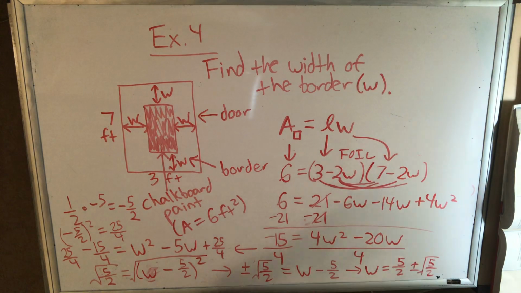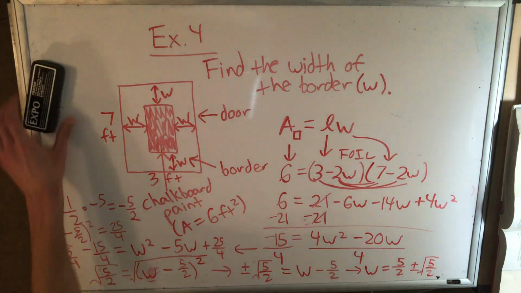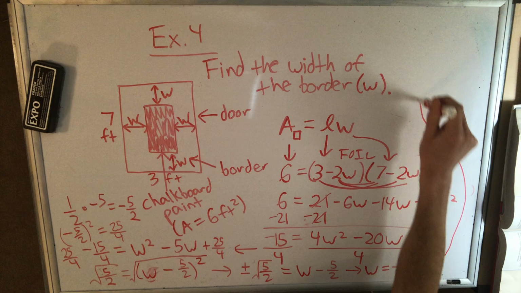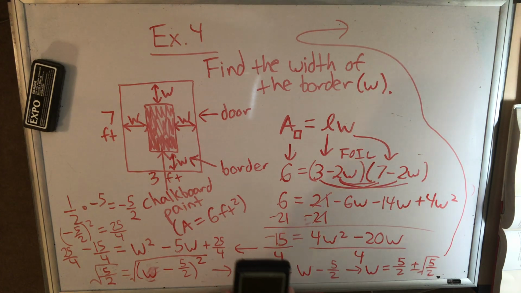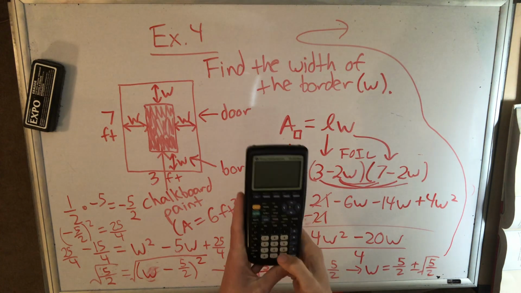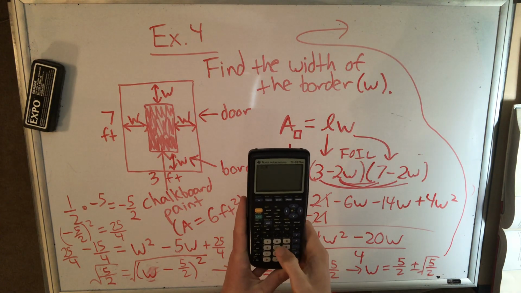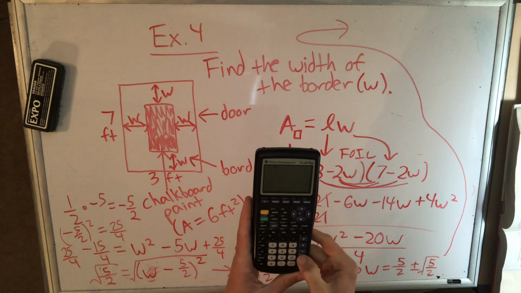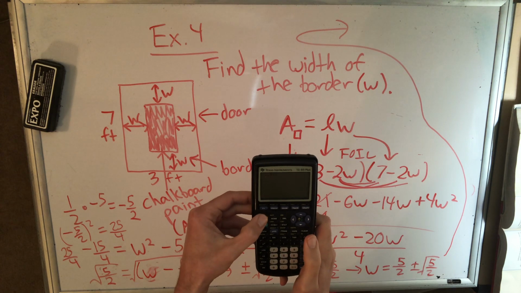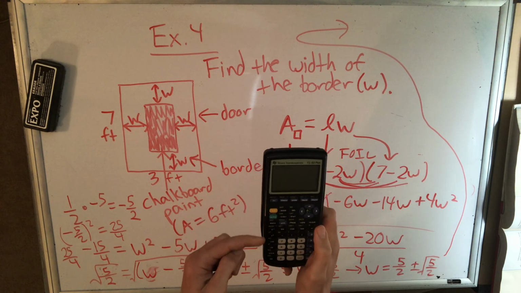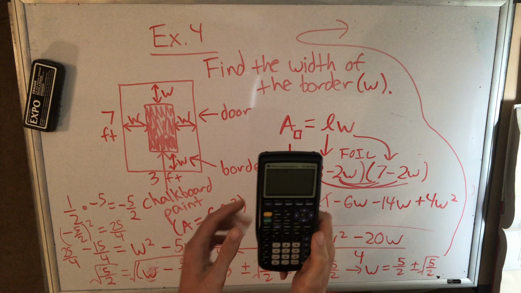And then if you put that in a calculator, let's put that in the calculator. Okay, so 5 divided by 2 is 2.5. And 2.5 plus the square root, hit the second button and the x squared button to get that square root symbol above the x squared button.